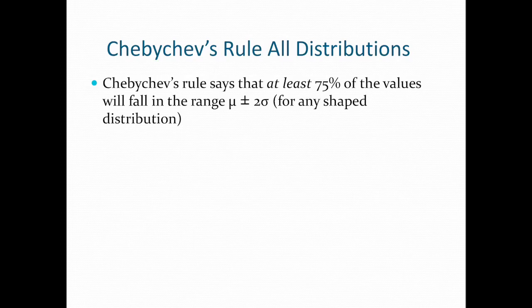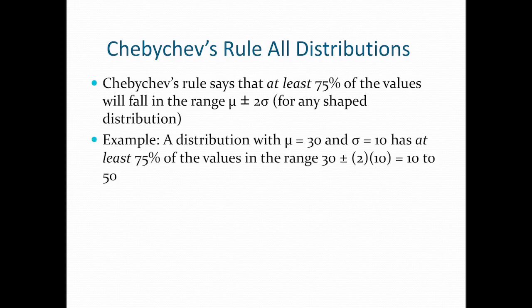So here's an example. A distribution with a mean of 30 and a standard deviation of 10 has at least 75% of the values in the range of 30 plus or minus 2 standard deviations of 10. So that would be 10 to 50, and 75% of the values fall there.